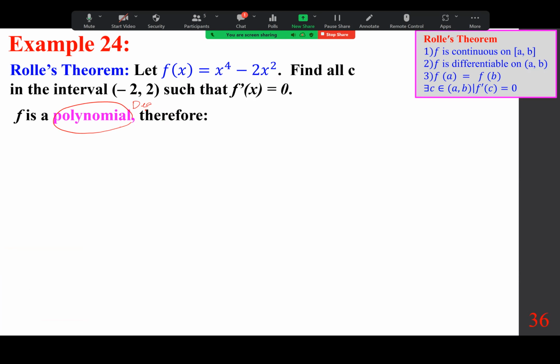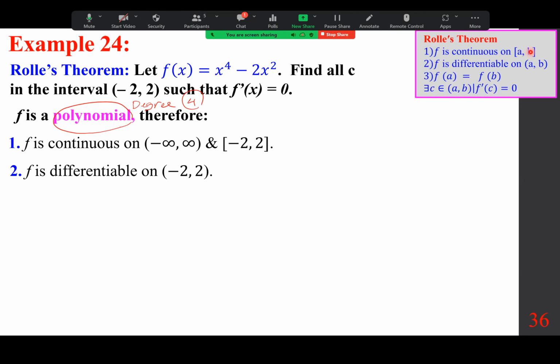It's continuous from negative to positive infinity, which makes it continuous on -2 to 2, because that's the closed interval we want. And because it's a polynomial, it is also differentiable everywhere. Therefore, it's differentiable on -2 to 2.